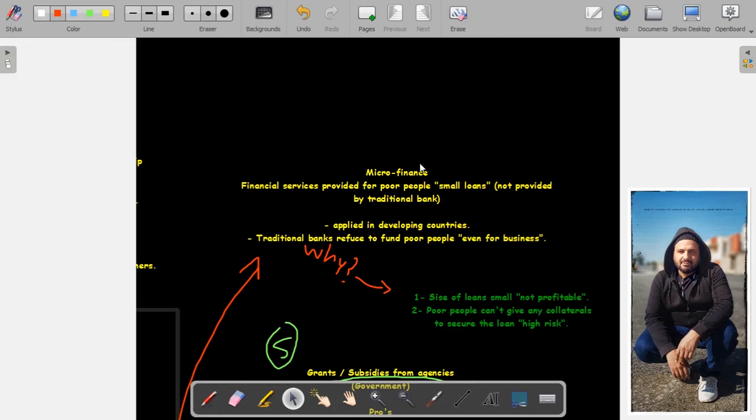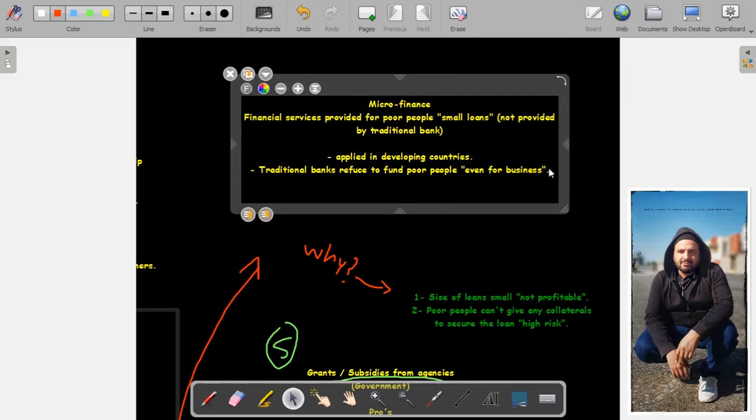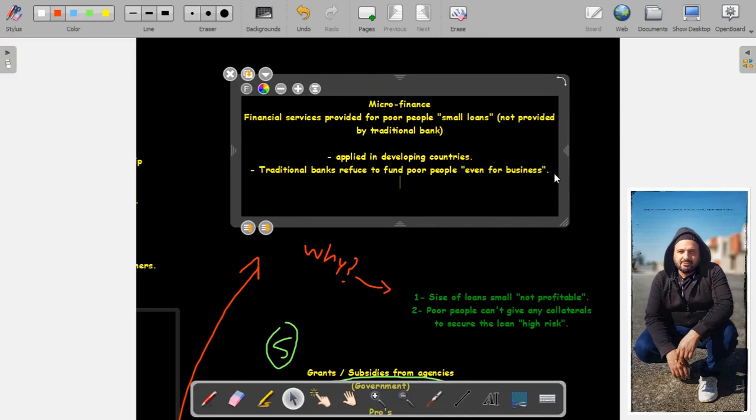Just to add a few things to this discussion. Okay, Mr. Abdurrahman, microfinance is a good thing for poor people if the traditional banks refuse to do that. So, who is doing that?